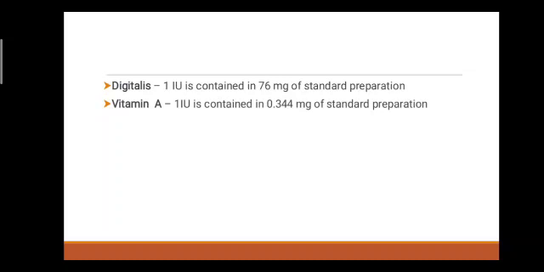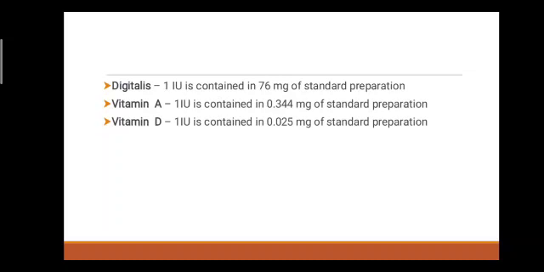Second, vitamin A: one international unit is contained in 0.344 milligram of standard preparation. Third one, vitamin D: one international unit is contained in 0.025 milligram of standard preparation. Fourth one, heparin: one international unit is contained in 7.7 milligram of standard preparation.